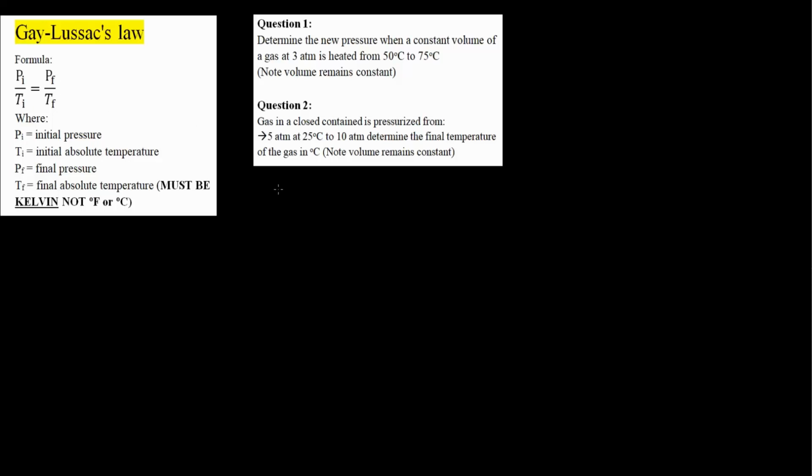So the initial pressure we have is 3 atm. This is going to be divided by our initial temperature in Kelvin. It must be in Kelvin, so we're given Celsius. And so we can say 50 degrees Celsius plus, in order to convert from Celsius to Kelvin, you always add 273.15. And so now this value right here is in Kelvin.